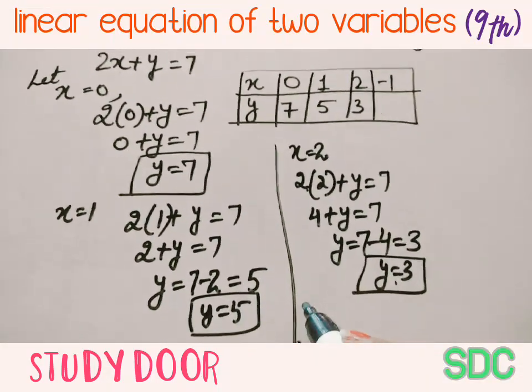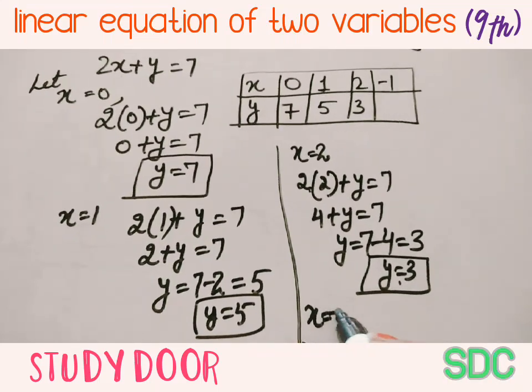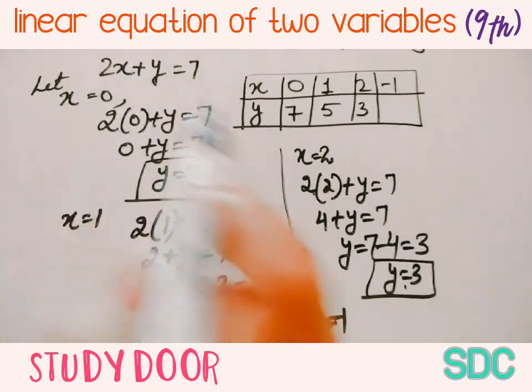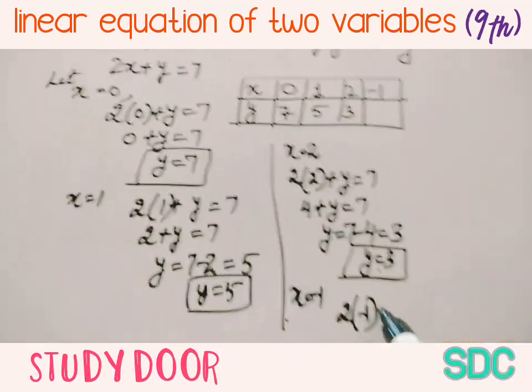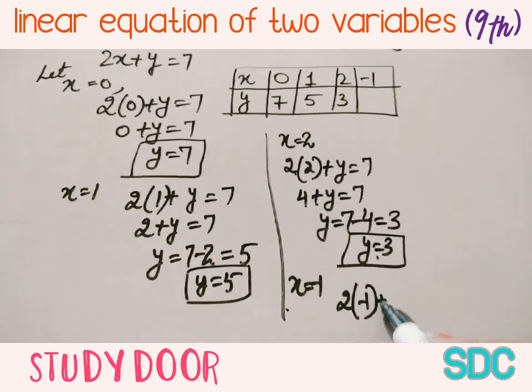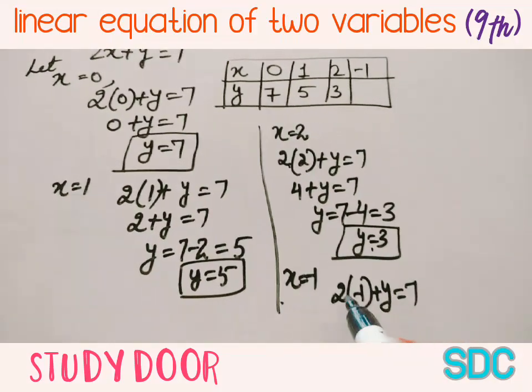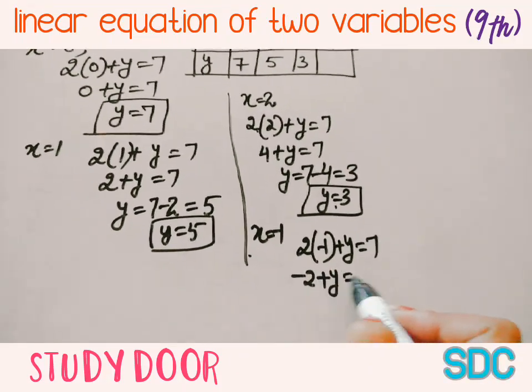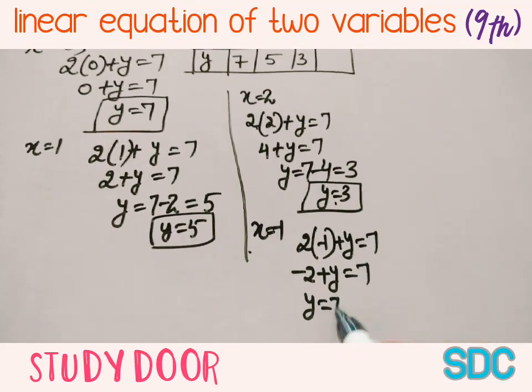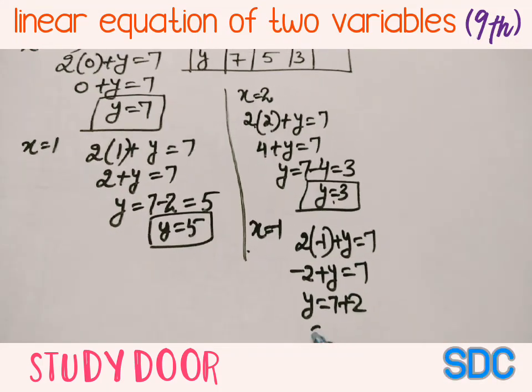Now the fourth value, x is equal to -1. When we put the value of x as -1, 2 into -1 plus y is equal to 7. 2 into minus 1 is equal to minus 2, plus y is equal to 7. y is equal to 7 plus 2.